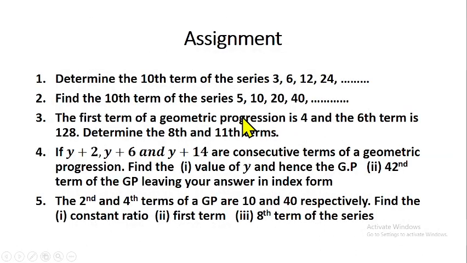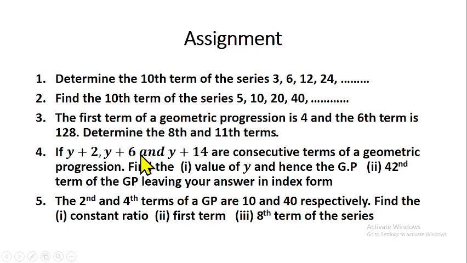So if you understand what you have done so far under geometric progression, then you can attempt this assignment. Determine the 10th term of this sequence or series. The first term of a geometric progression is 4, and the 6th term is 128. Determine the 8th and the 11th term.